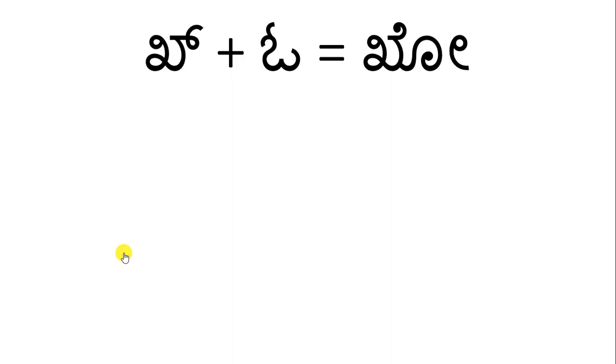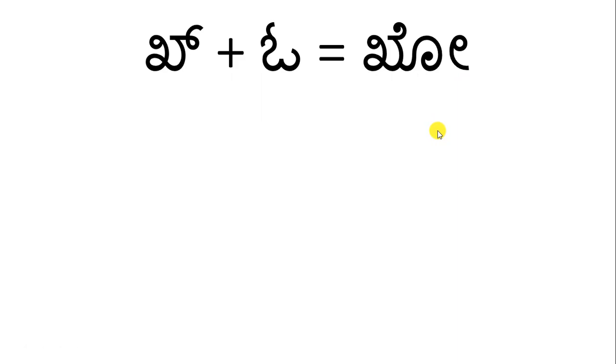The next sound is kho. Okay, kho. We are dragging the previous sound a bit further. Okay, the previous one is kho. This is kho. And the sound kho is obtained by adding wo to k. K plus wo is kho. And once again, there is no English equivalent and no examples for me to give you.